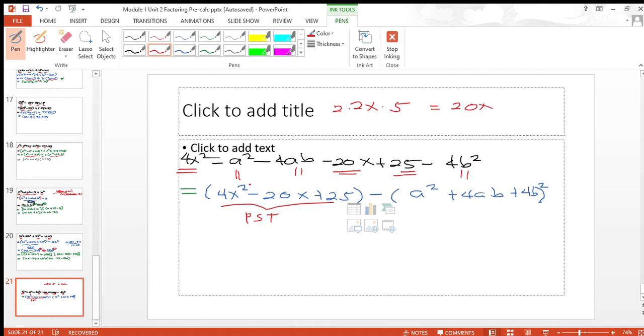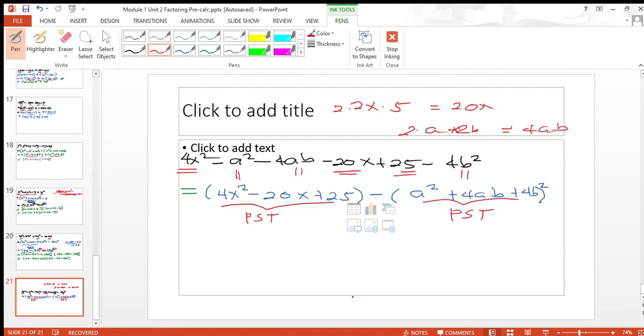Okay, so it's a PST. How about this? Is this a PST? Square root of a squared, a. Square root of 4b squared is 2b. And then 2 times a times 2b, so that will be 4ab, which is this element here. So this is also a perfect square trinomial.